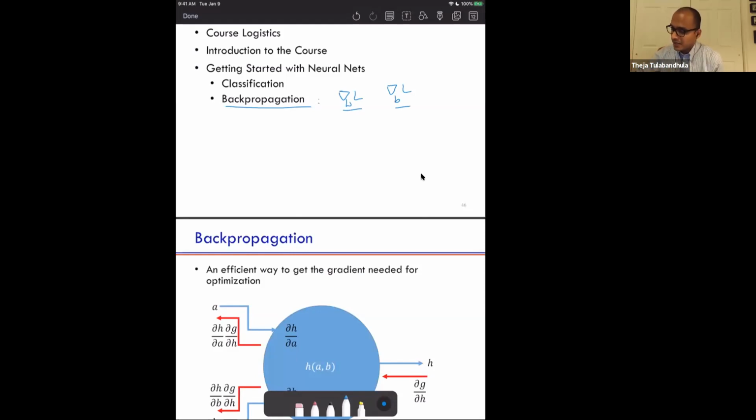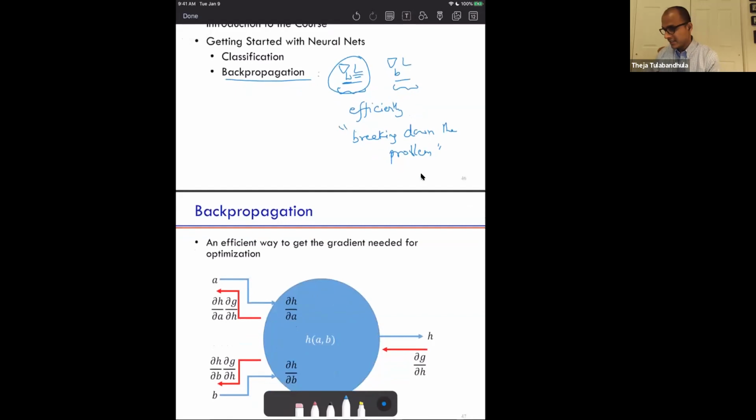So backpropagation is about how to get these efficiently, by breaking down the problem of computing a gradient of the loss with respect to parameters into smaller steps, and then somehow stitching together a solution, which is the gradient.